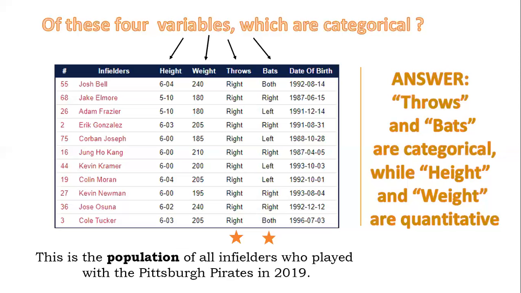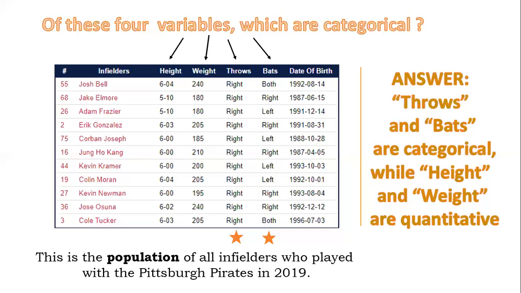If we look for those who fell into the left category, we see that there were 4 of them: Adam Frazier, Corbin Joseph, Kevin Kramer, and Colin Moran. And we also can see that there were 5 Pirate infielders out of the 11 who batted from the right side of the plate exclusively.